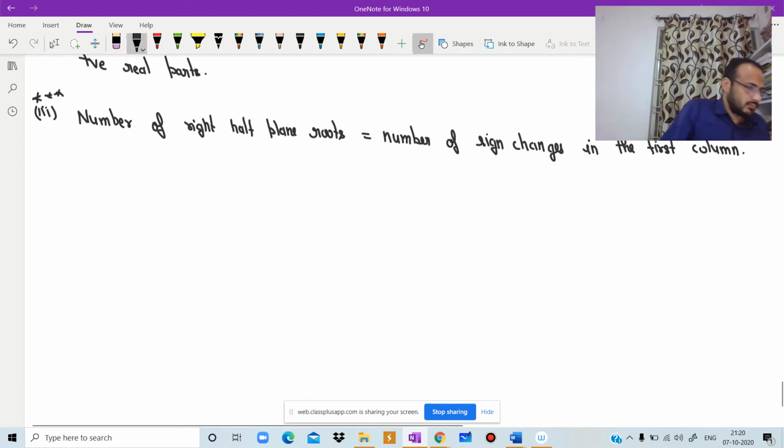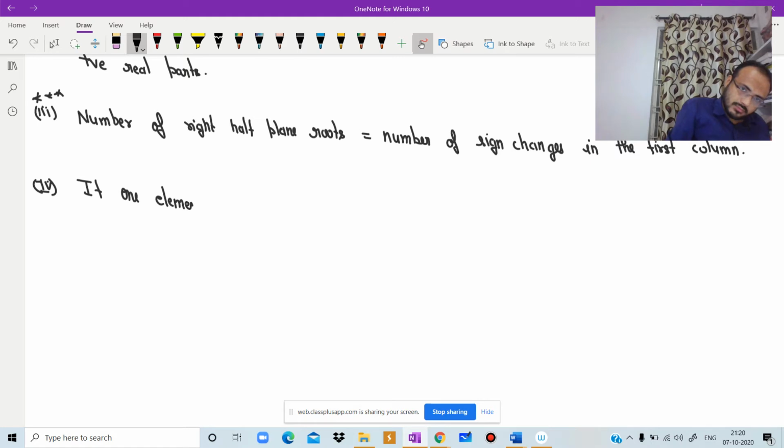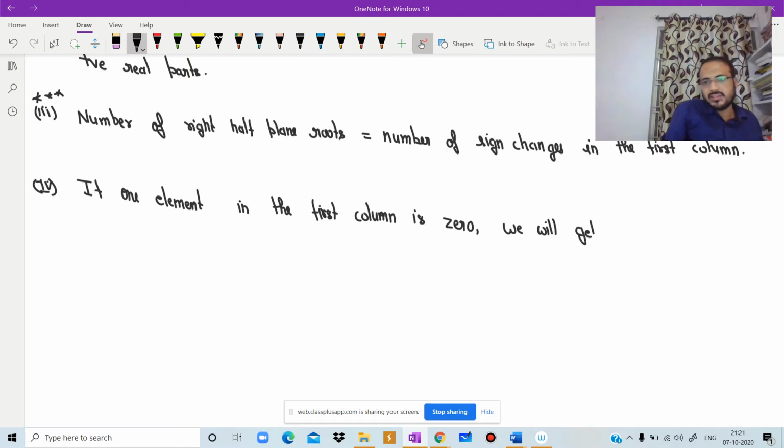Next, fourth one. If one element in the first column is 0, we will get sustained oscillation.